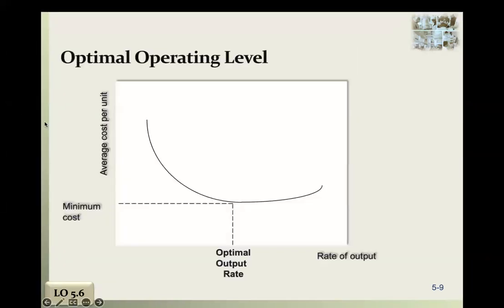So here, let's say this is the center point, on the left of the center point, that would be economies of scale. And on the right side of the center point, if you keep increasing output rate, and it increases up to that level, that would be diseconomies of scale. So diseconomies of scale will be on the right side, to the right of the center.